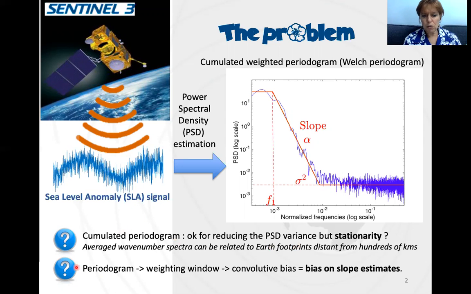Second question comes from the use of the periodogram itself. The periodogram means using a weighting window, such as a Hanning window, rectangular window, or anything like this. And it is well known that this window is responsible for a convolutive bias in the PSD estimate, and therefore a bias on the slope estimate. How can we overcome these two problems?